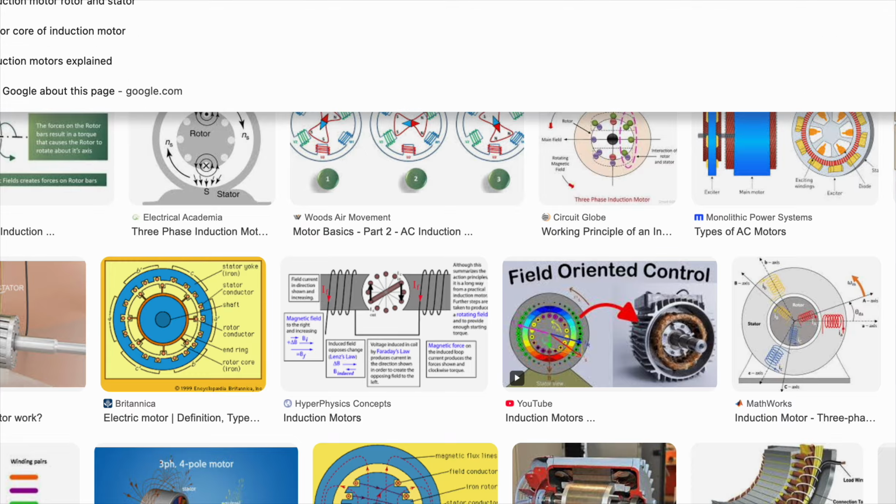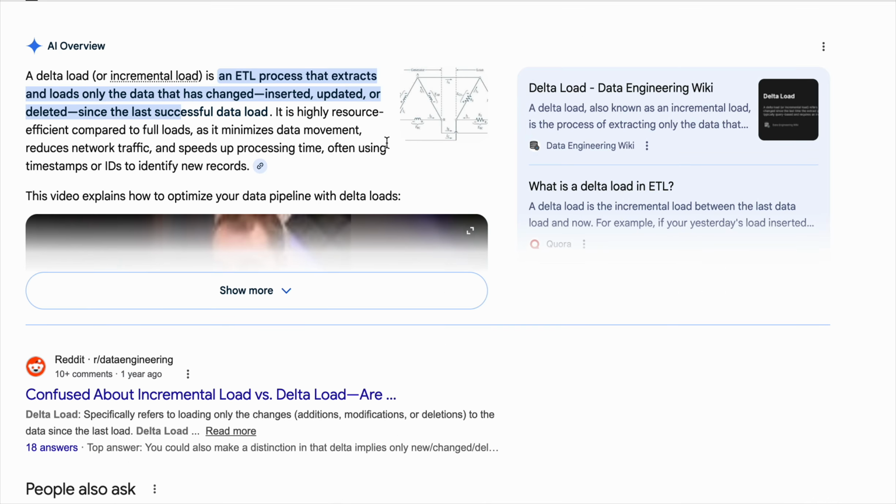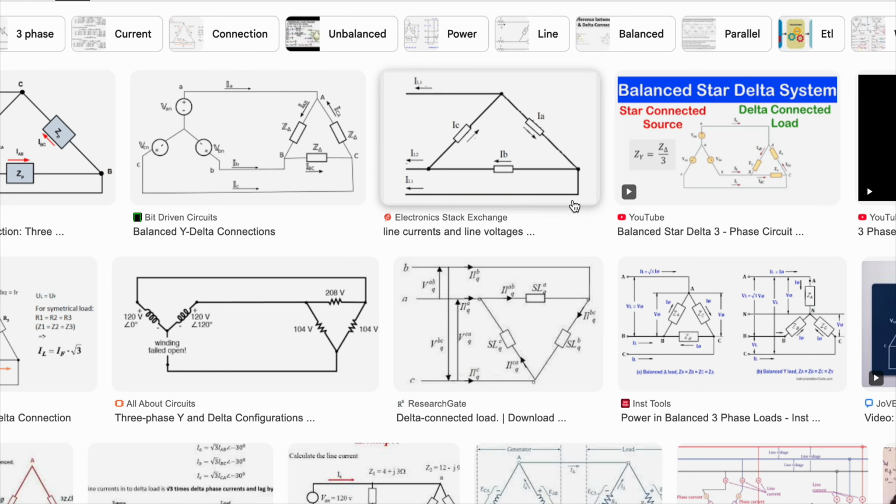So let me search it. Delta load, like this one.